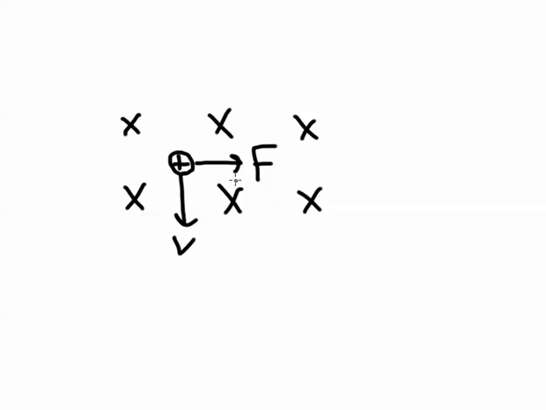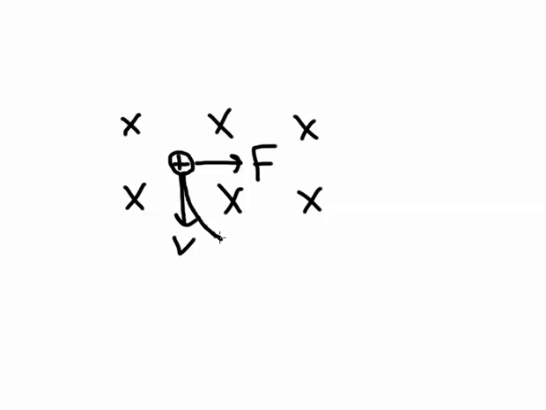So what do we expect is going to happen at this point? Well, the particle is moving downward. The force doesn't change its motion right away. Forces don't change motion instantaneously, they gradually change the motion. So it starts to curve around to the right. Okay, now what happens? So it's gone on this curved path.